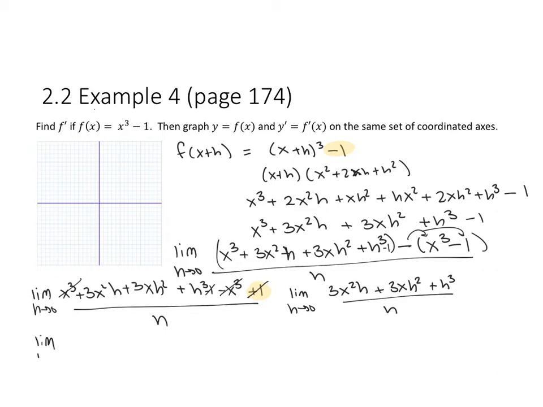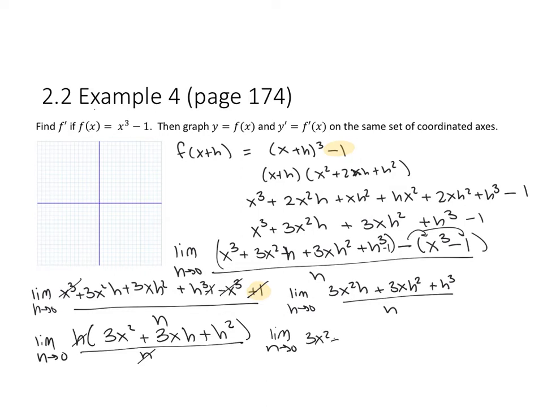So it's the limit as h goes to 0 of h times 3x squared plus 3xh plus h squared all over h. I'll cancel out the h's in the numerator and the denominator, and we have the limit as h goes to 0 of 3x squared plus 3xh plus h squared. I can substitute my h now, and this piece will go away, and this piece will go away, and I get my derivative to be 3x squared. So f prime of x is 3x squared.